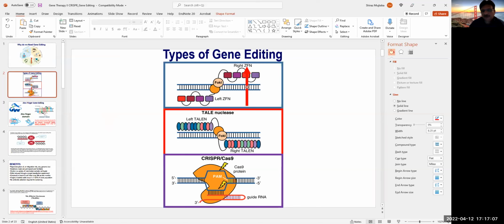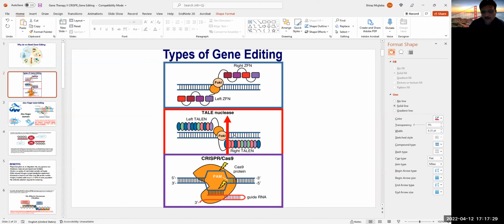The first is ZFN, zinc finger nucleases. I'll come to what zinc finger nucleases are, but they can go and bind to a specific sequence in the DNA, and they can try to break or edit the DNA.